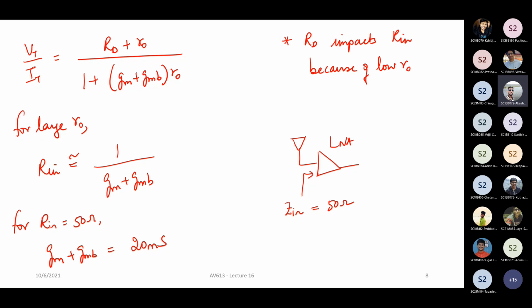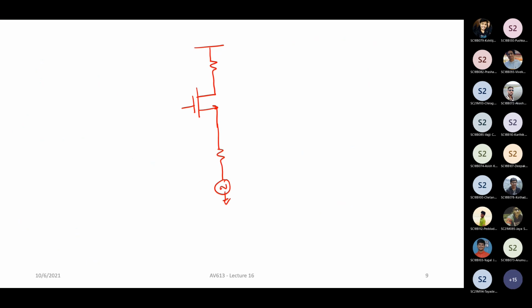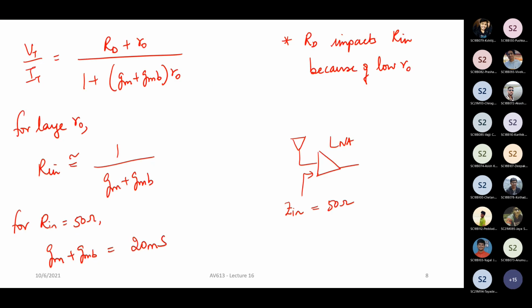Yeah. So that is what we would have done in the RFIC class. What you would do is, because your input impedance is going to be this particular expression, where Rd also comes into the picture, R0 comes into the picture, so this becomes larger than 1 by Gm plus Gmb. So what we did is basically we put a cascode transistor, if you remember. This was connected to VDD, and you had your inductor. This was connected to some bias voltage. You had your current source and you had your input like this.